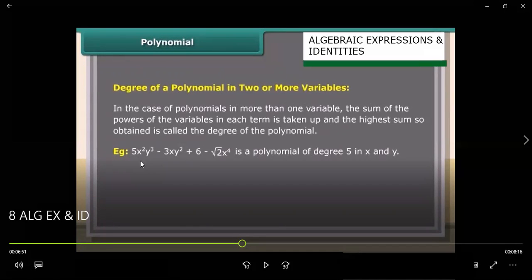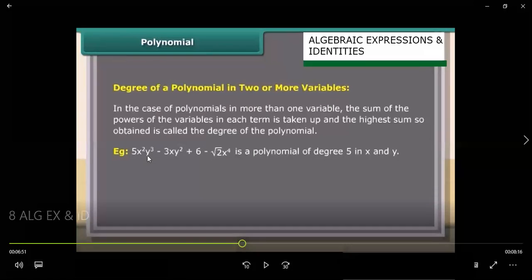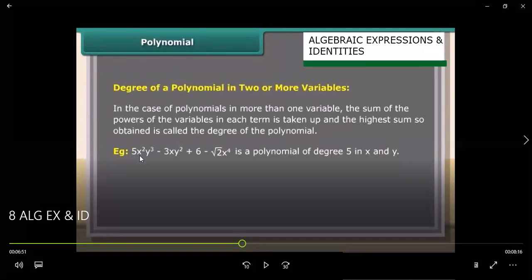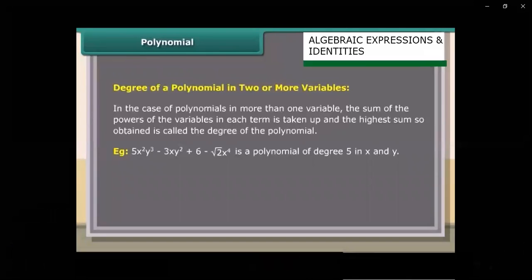The highest here is in this term, that is 5. In the next term it is 2 plus 1, that is 3, and here it is 4. We take the highest sum so obtained. The highest power obtained is 5 in the combination of variables x and y. So hence the degree of this polynomial will be 5.